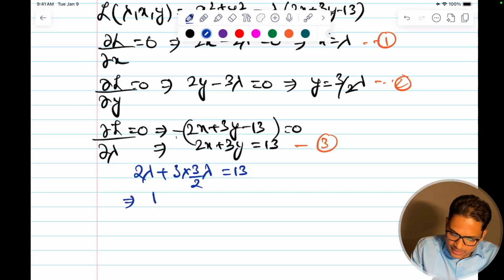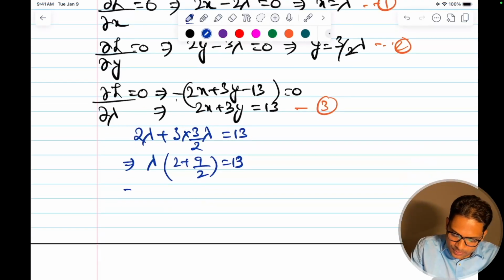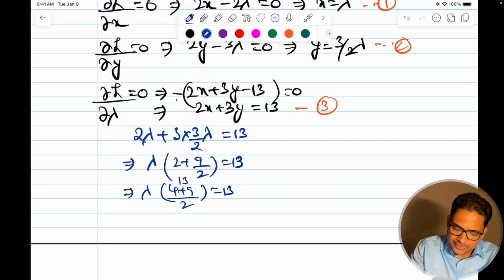This implies λ common: 2 plus 9 by 2 is equal to 13. 2 twos are 4 plus 9 by 2 is 13. So this is also 13, right? So this 13 and 13 will cancel out. This implies λ is equal to 2.